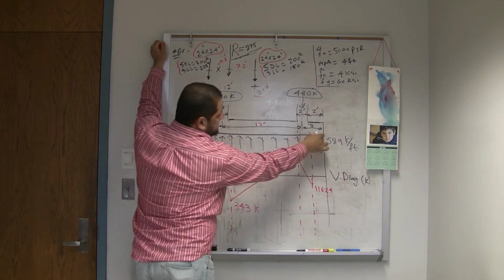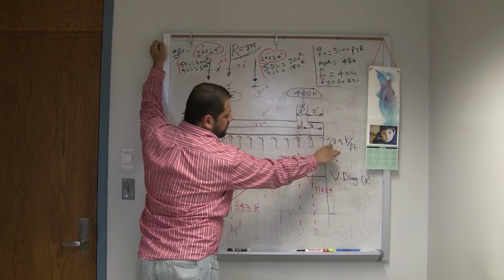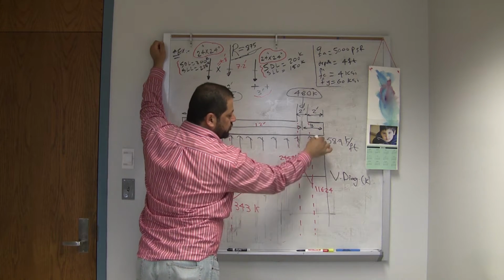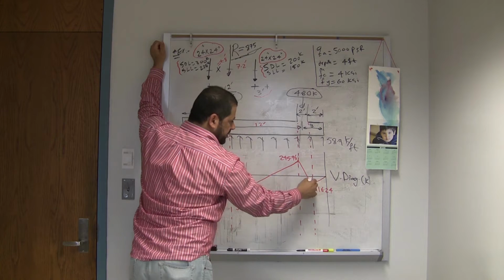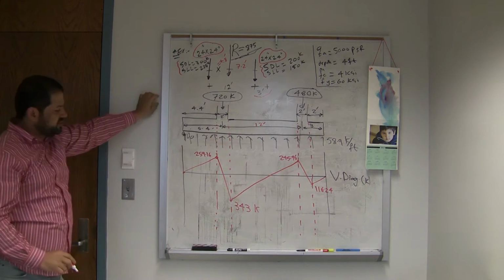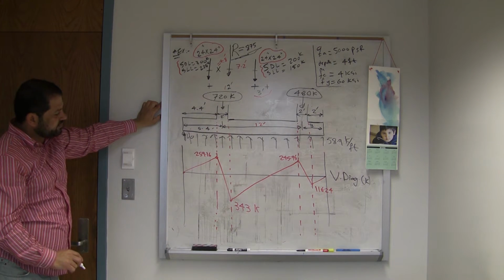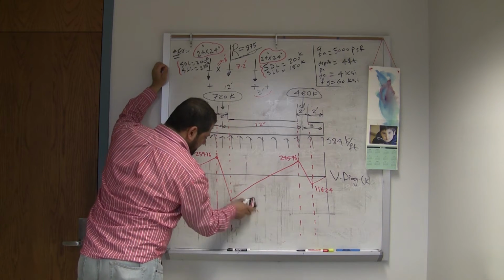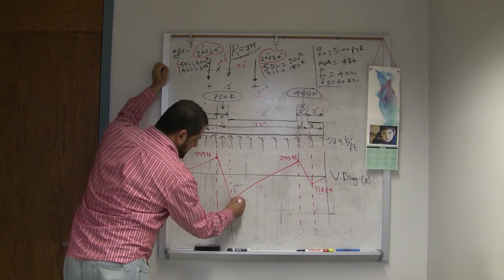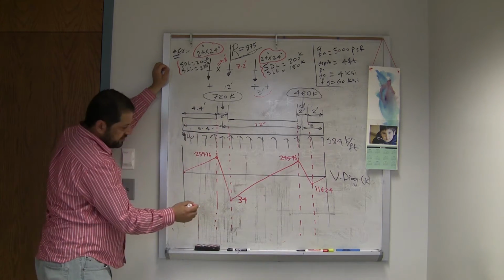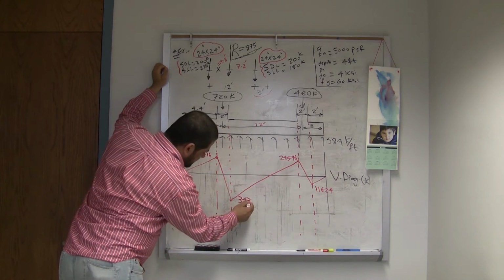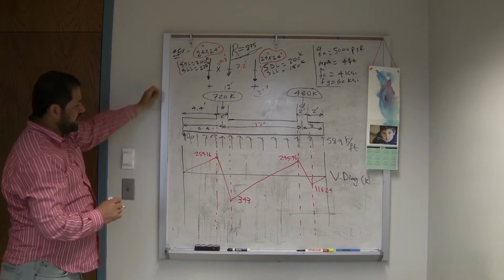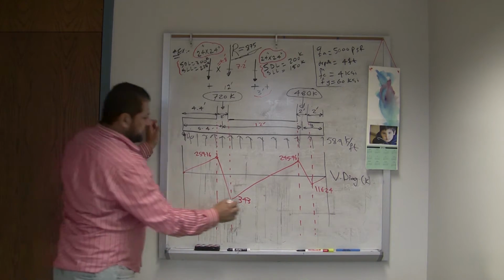Then this here, if you multiply 58.9 times 2, should go to 0. Yeah, it gives 1. That's what we have. So I'm going to try my best now to find the location here. This is 343.04. So now we're going to construct our moment diagram.